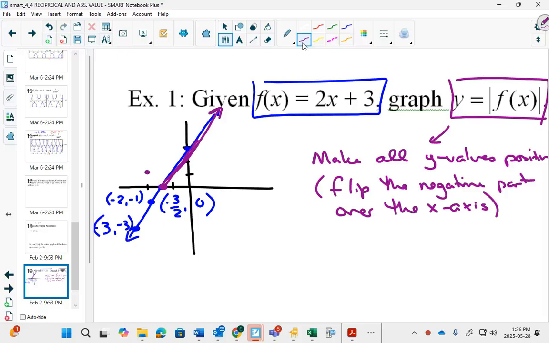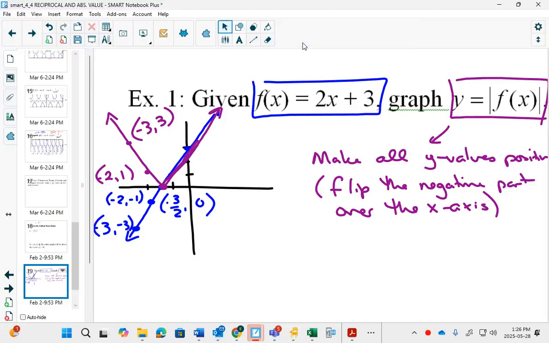It's going to become negative 2, positive 1. What's going to happen in negative 3, negative 3? It's going to become negative 3, positive 3. Your y values are going to get positive, and all that's happening is that bottom part is going to get flipped up. Okay? I think that's the best way to do these questions from now on.